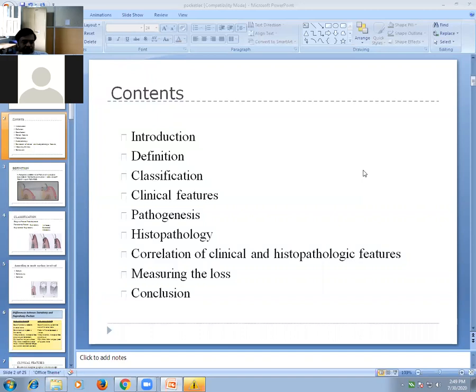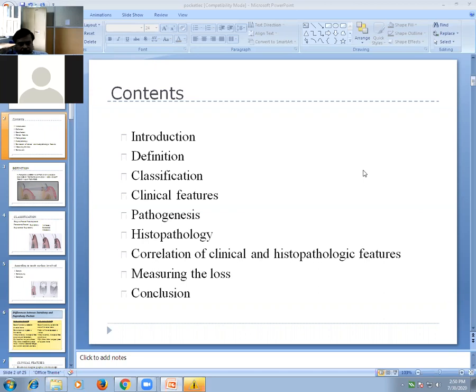Histologically, the pocket epithelium, the sulcular epithelium, will start proliferating towards the connective tissue. Long elongated rete pegs, infiltration of inflammatory cells around these rete pegs, and desquamation and ulceration of the sulcular epithelium.